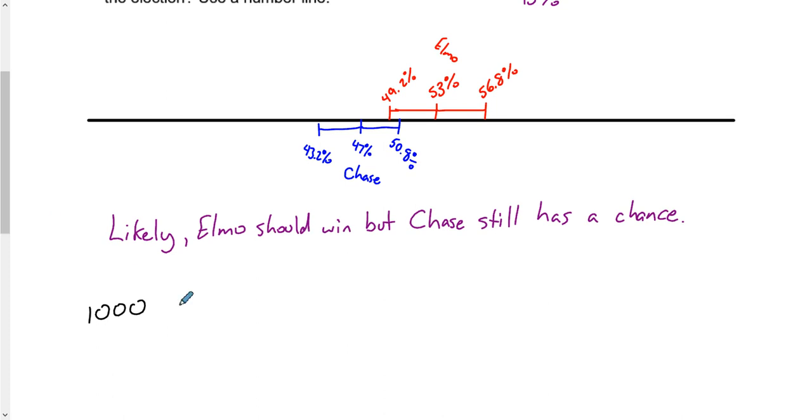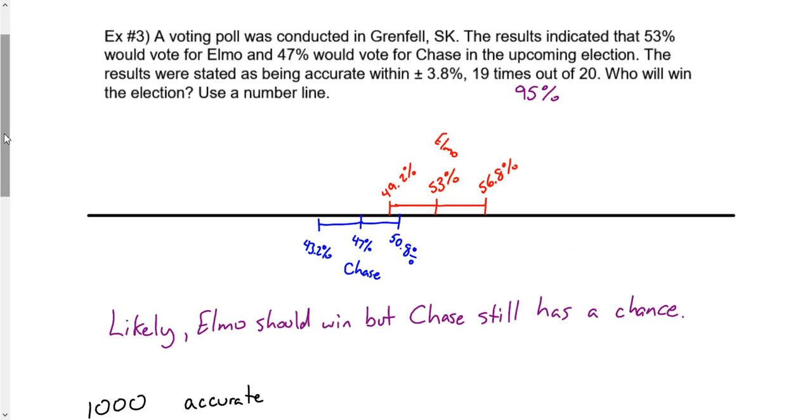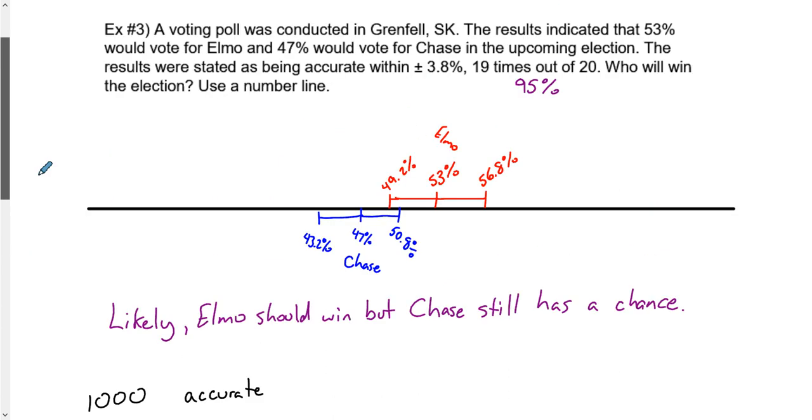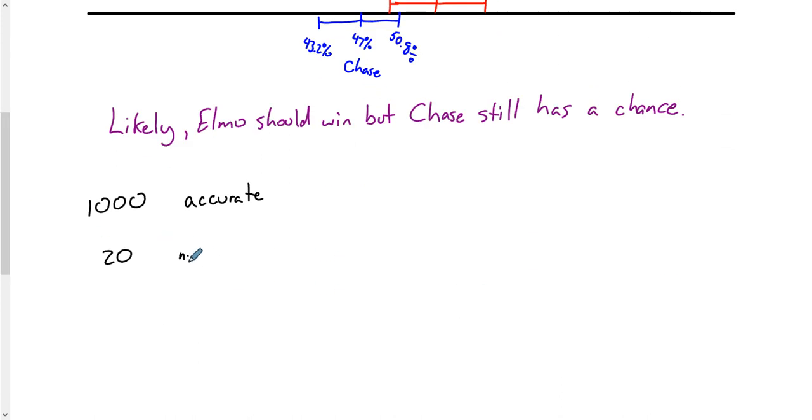That's almost everyone, so you should be very accurate. So 3.8%. But if we only interviewed 20 people, you would not be very accurate.